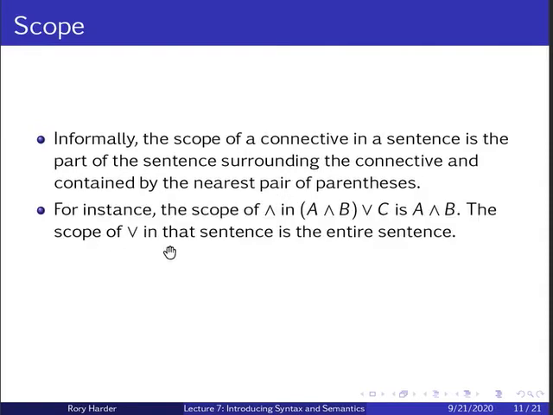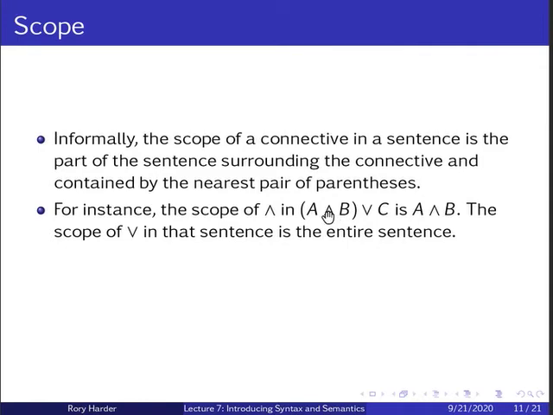For instance, I want you to consider this sentence here, A and B or C. So here in this sentence, we have a disjunction: C is one disjunct, and the other disjunct is A and B, the conjunction of A and B. So when we ask what is the scope of the connective, the 'and' in this sentence, the scope is just this one disjunct, A and B. So the scope of a connective in a sentence is the part of the sentence that surrounds the connective and is contained by the nearest pair of parentheses.